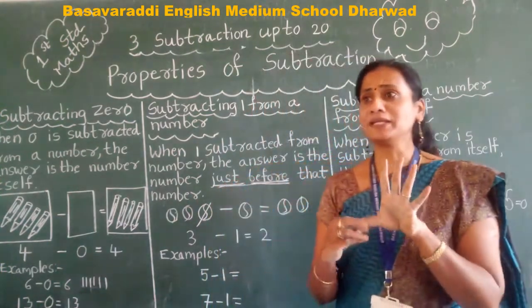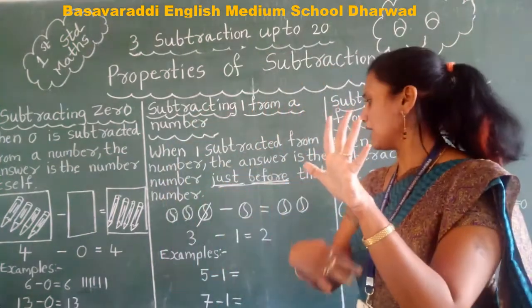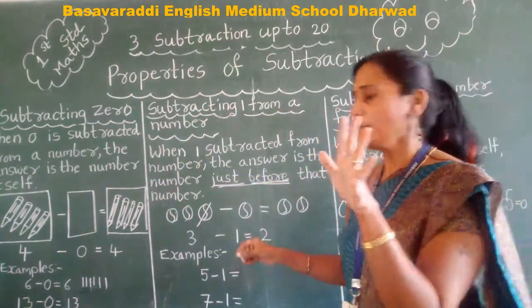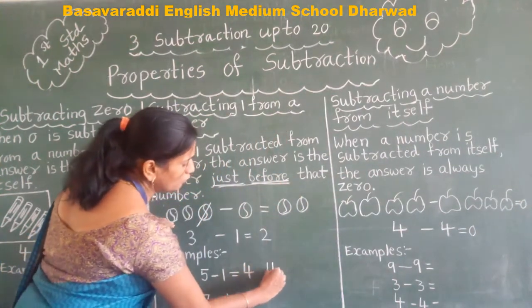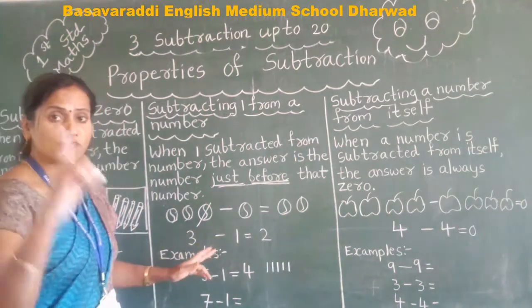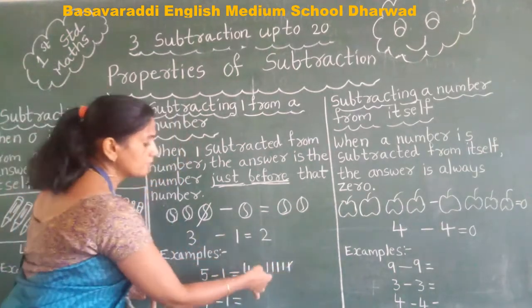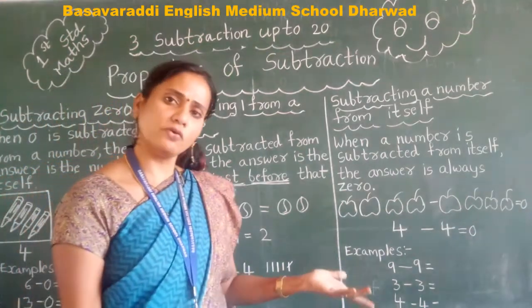When we are subtracting 1, the answer is the number just before it. So 5 minus 1 is 4. Let us see, 1, 2, 3, 4, 5. I am crossing out only 1. The answer is 4, just before 5.